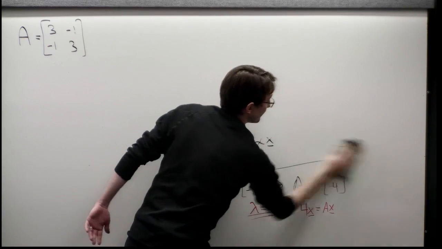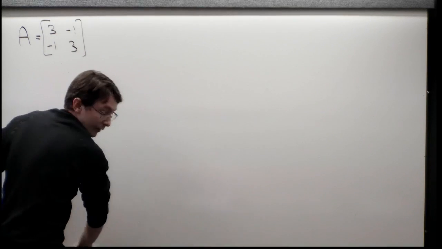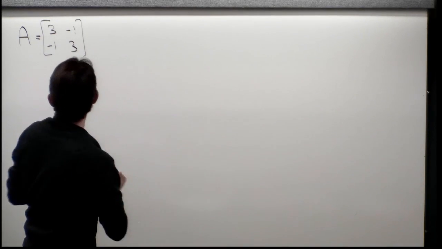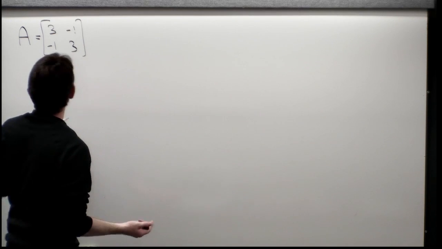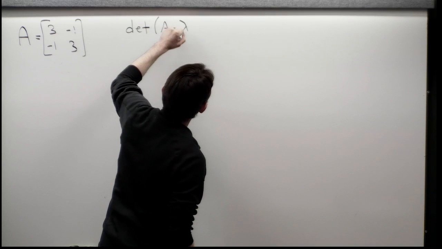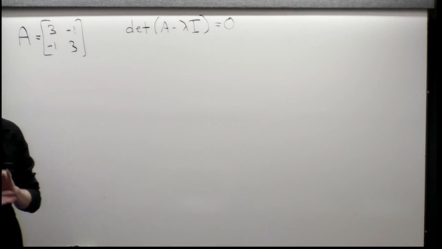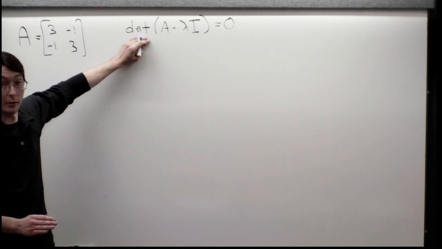All right, so let's just remember what we're trying to solve. We're going to look at the determinant of A minus lambda I equal to 0. That's what we're going to try to solve: lambda such that this is true.